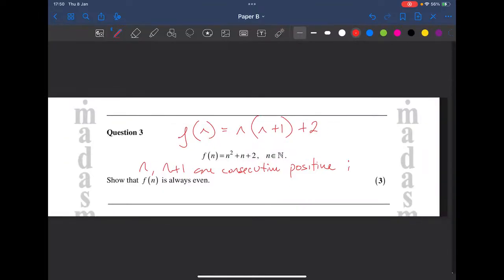So positive integers. Therefore, at least 1, well, exactly 1, is even. And we know even times odd gives us an even. And if we do even plus that 2 on the end, even plus 2 is always as well an even number.